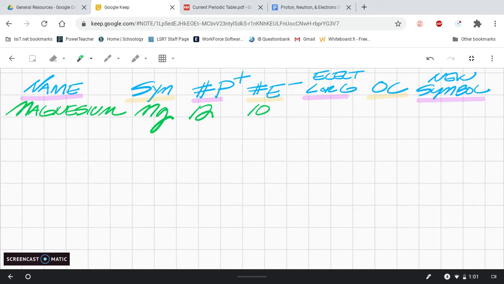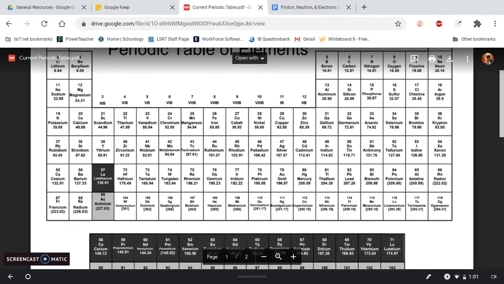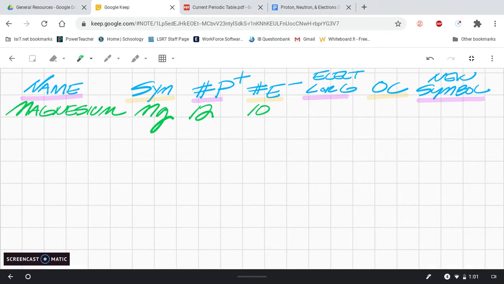Now, they gave us the electrons. They're like, here you go. Here's the electrons. Don't have to figure them out. So we need to look at this right here that says electrons lost or gained. So let's think about it. Did we lose electrons or did we gain electrons? Well, the way to figure it out is that you always are supposed to have the same number of electrons as protons.